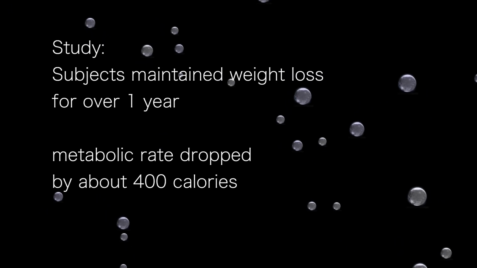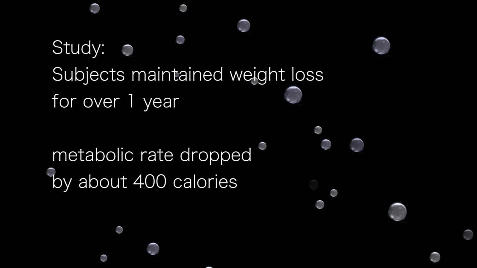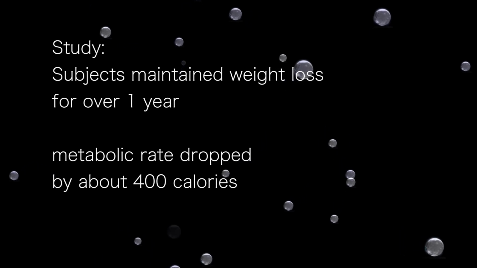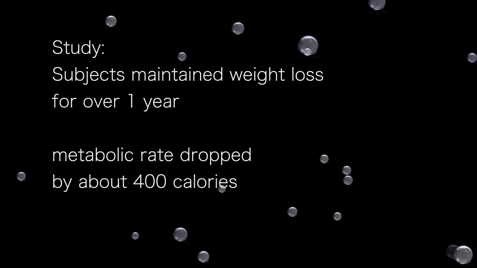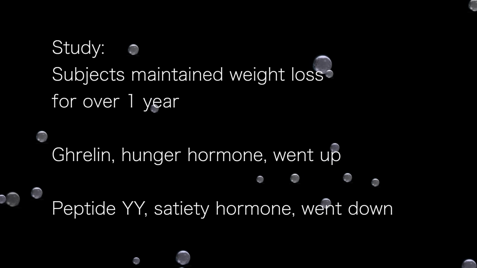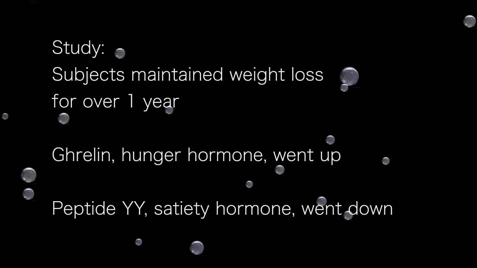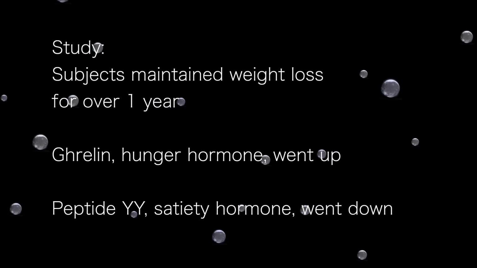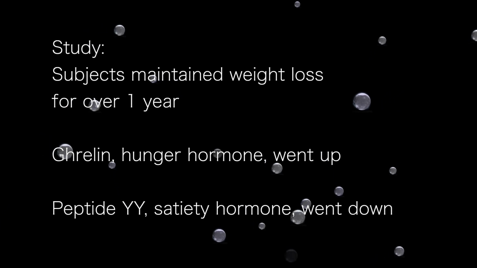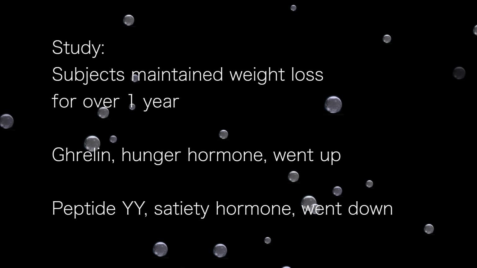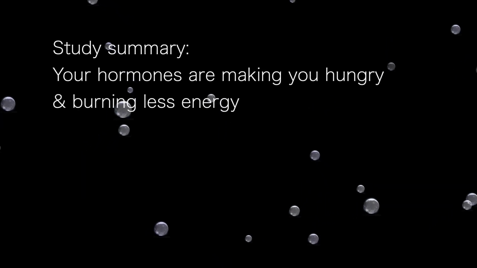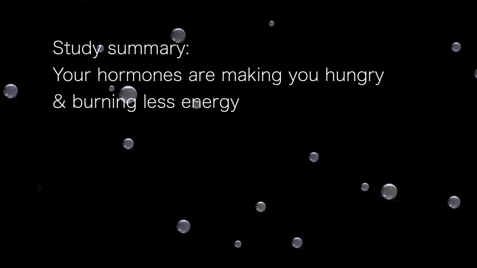A study found that subjects maintained weight loss for over 1 year, but their metabolic rate dropped by about 400 calories. The study also found that ghrelin, the hunger hormone, went up, and peptide YY, the satiety hormone, went down. Summary: your hormones are making you hungry and burning less energy.